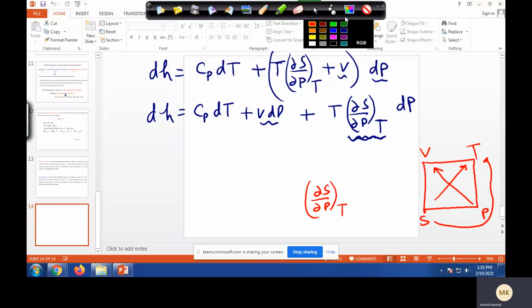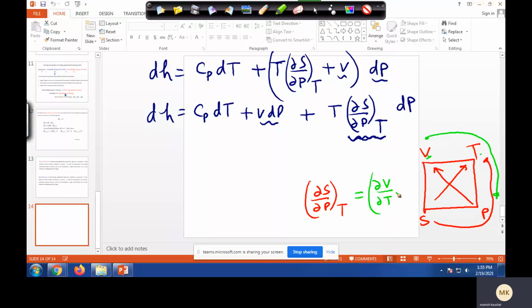Then take a break, one ahead, come back to P. What we have? ∂V/∂T at constant P. What about signs? So S going away, plus sign, V coming in, minus sign. So we can replace ∂S/∂P at constant T with minus ∂V/∂T at constant P. Let's do it.